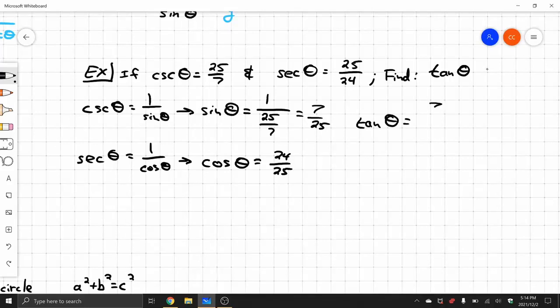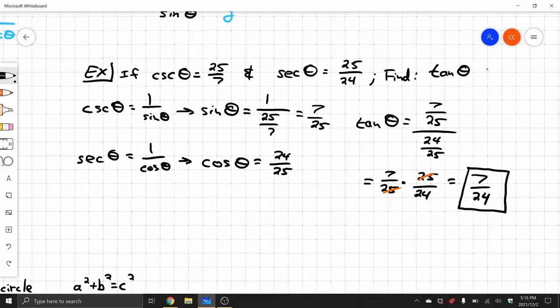So my sine is 7 over 25, and my cosine is 24 over 25. If I simplify this complex fraction, that's going to be 7 over 25 times 25 over 24. I can see that my 25s will cancel out, and I'm left with 7 over 24 for my final answer.